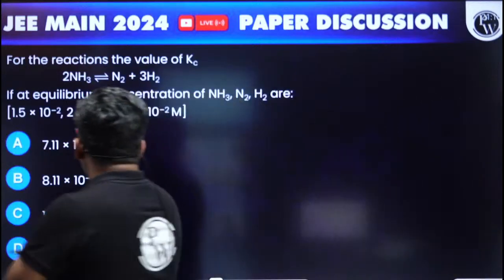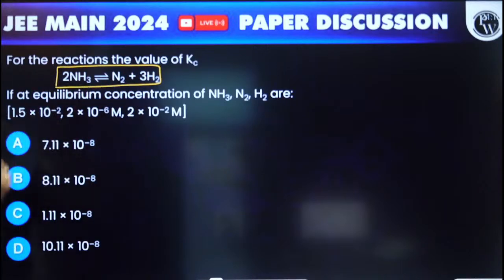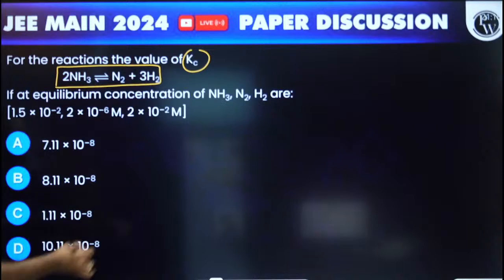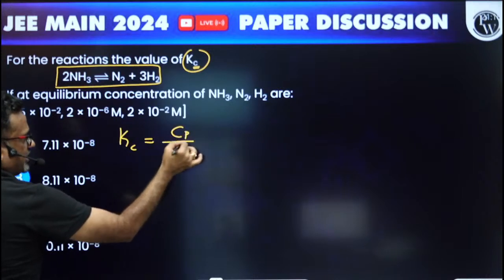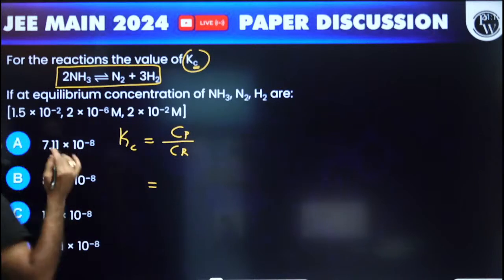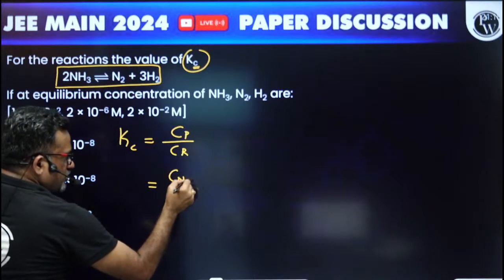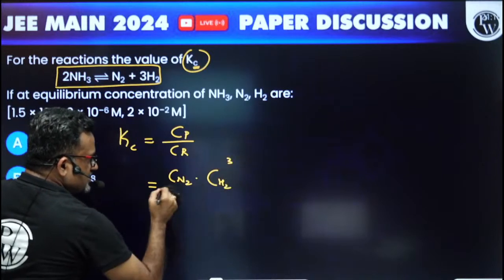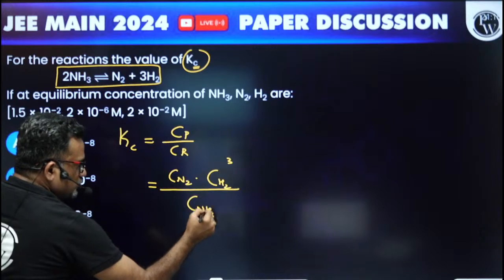Next, for the reaction, they have asked you the value of Kc. What is Kc? Equilibrium constant in terms of molar concentration. What is equilibrium constant? Concentration of products by concentration of reactants, as simple as that. What is the product here? Nitrogen. Kc is concentration of nitrogen into concentration of hydrogen, power is 3, divided by concentration of ammonia, power is 2.